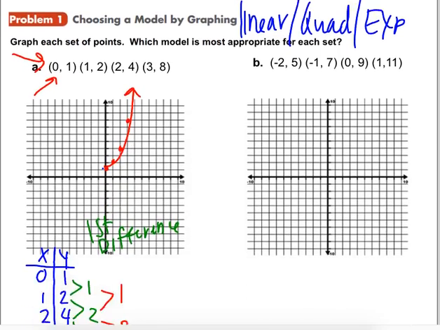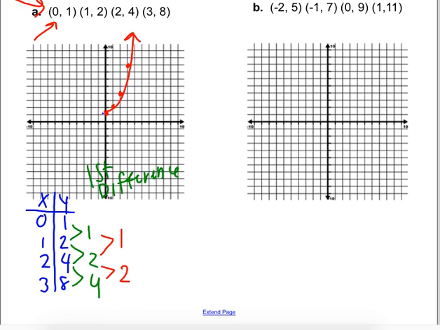Well, is this constant? Are 1 and 2 the same number? I hope you're thinking, no, they're not. So that just ruled out that it's quadratic. So therefore this one is exponential.